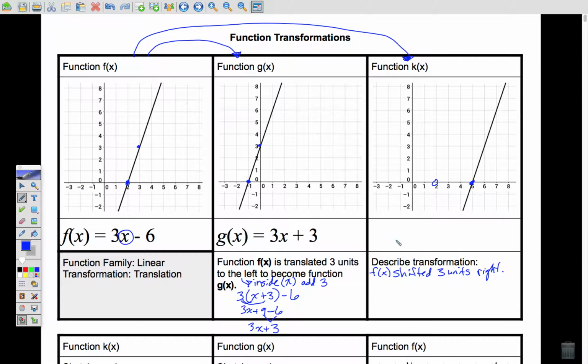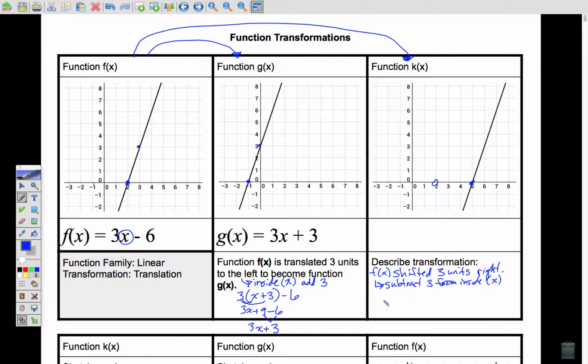So that means if I want to go to the right, I'm going to subtract. So we are going to subtract 3 from inside the parentheses with x.